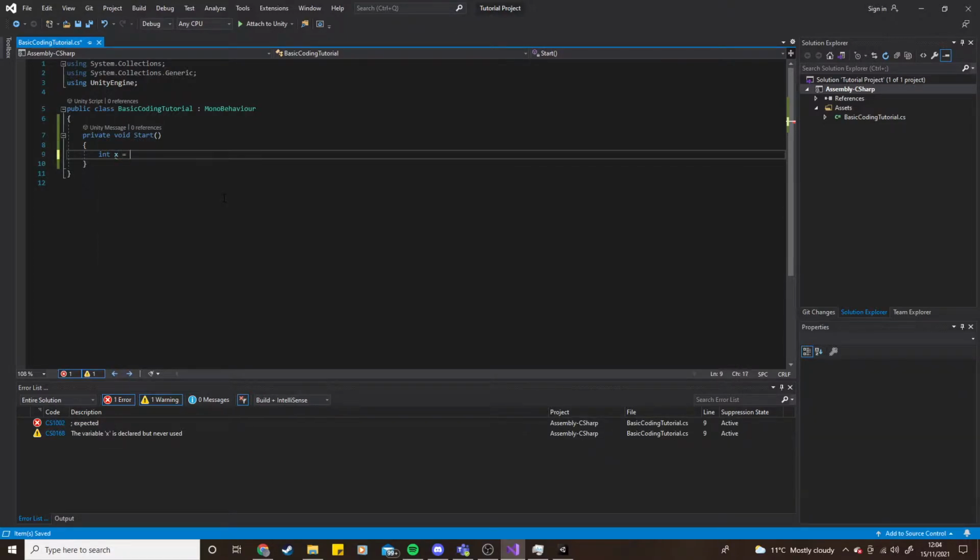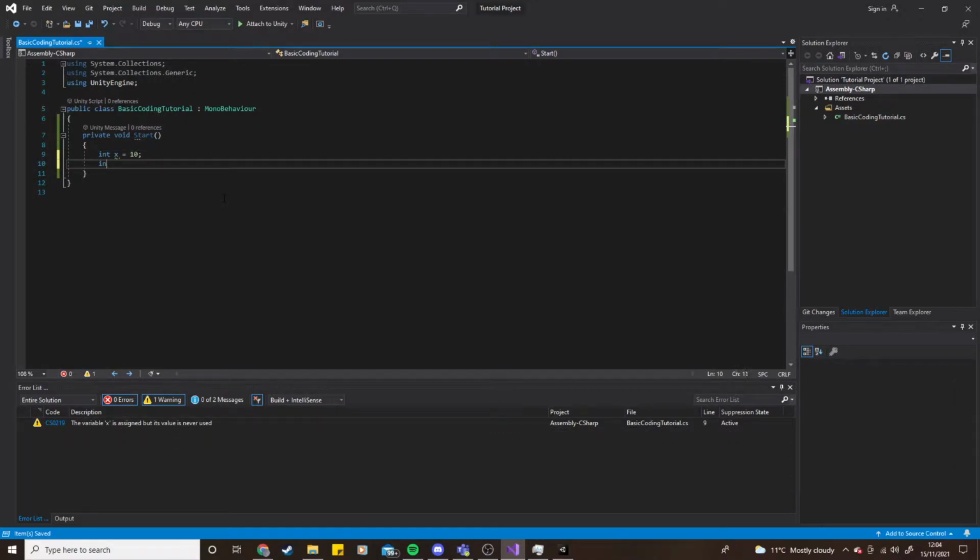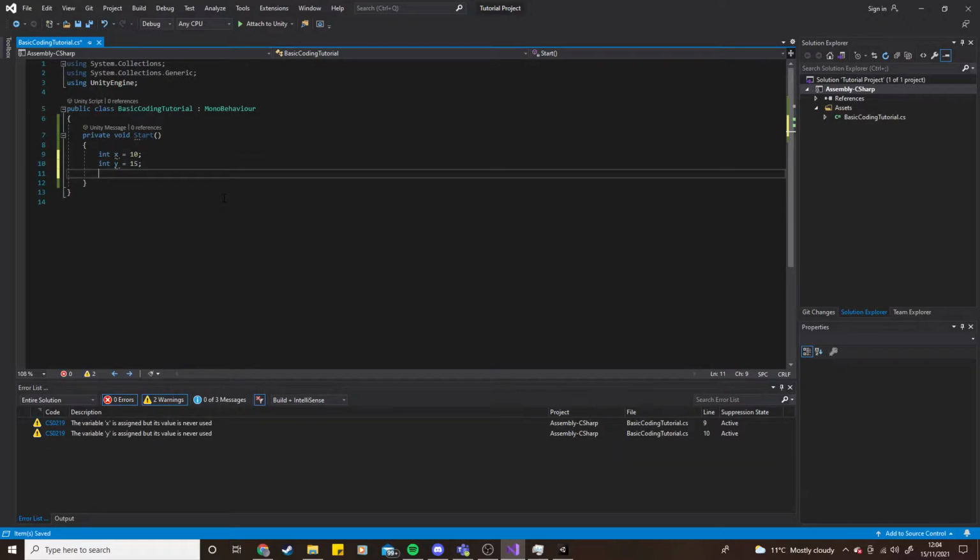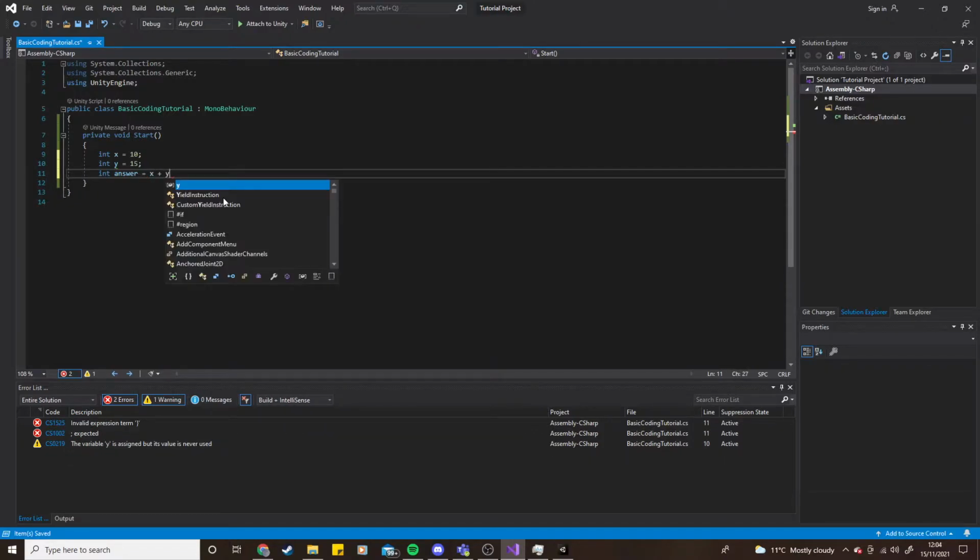Let's just do int x equals 10, int y equals 15, int answer is going to equal x plus y.